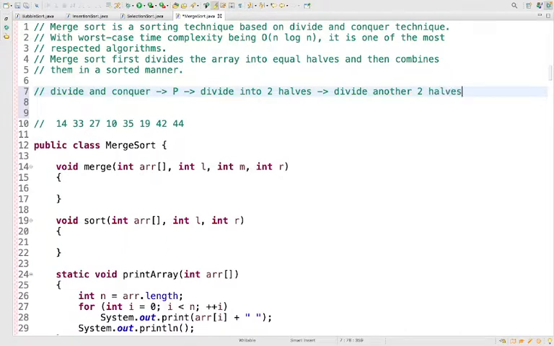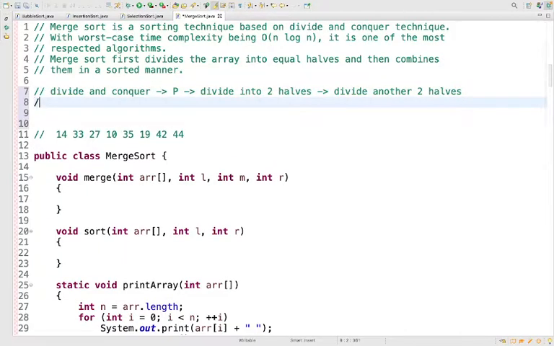Just like that it will go down, dividing the problem till it cannot be further divisible, and then it will try to solve the particular problem. The same way we solve the smallest unit, we are going to apply to the larger unit as well. So that's divide and conquer.